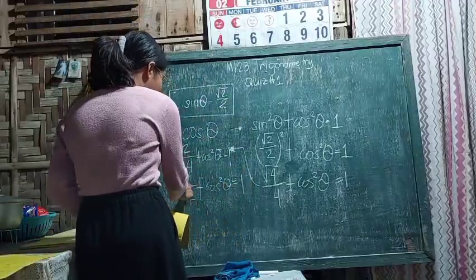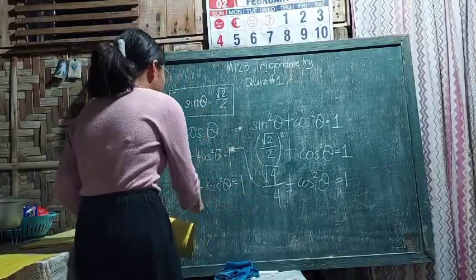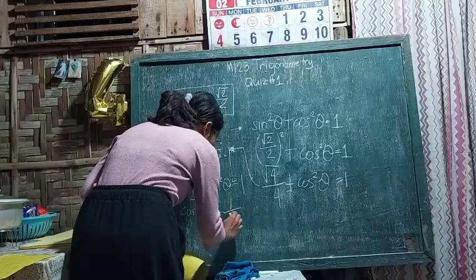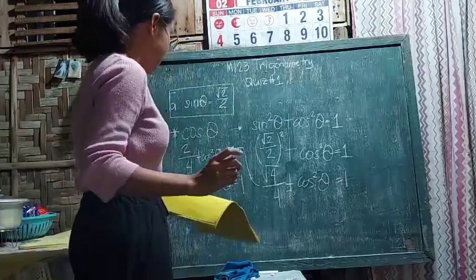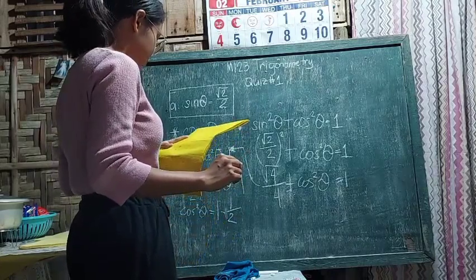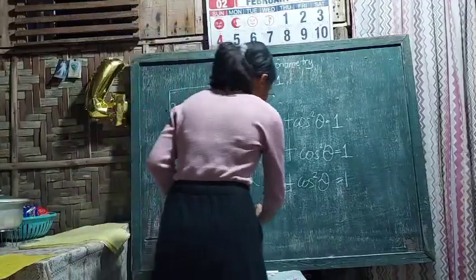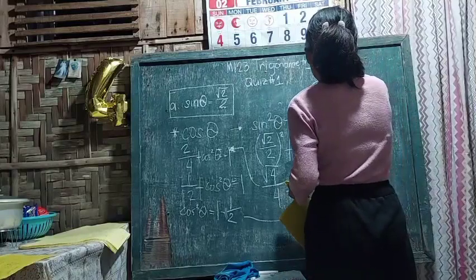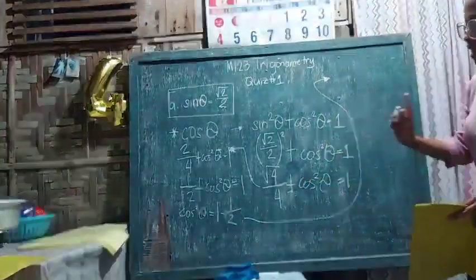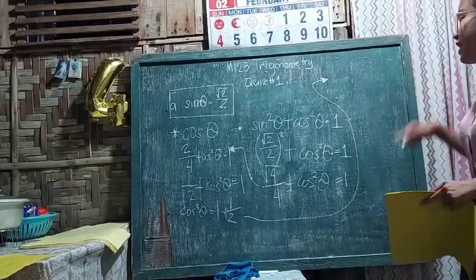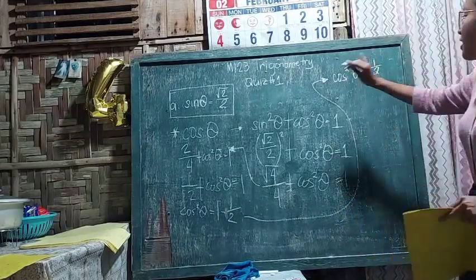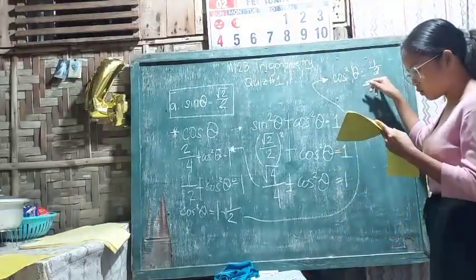So we are going to transfer 1/2 into the other side of our equality sign, and it will become cosine squared theta is equal to 1 minus 1/2. 1 minus 1/2 is 1/2. Cosine squared theta is now equal to 1/2.